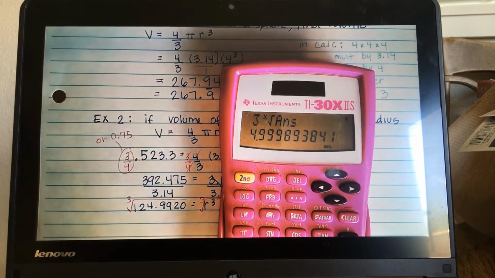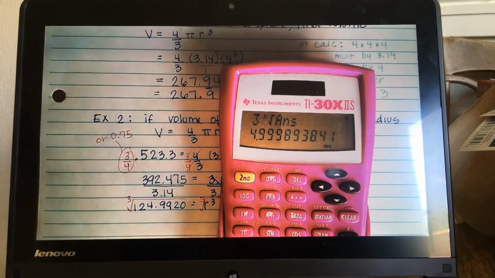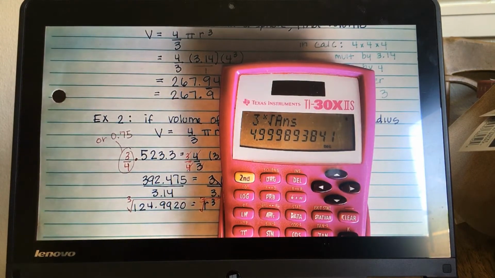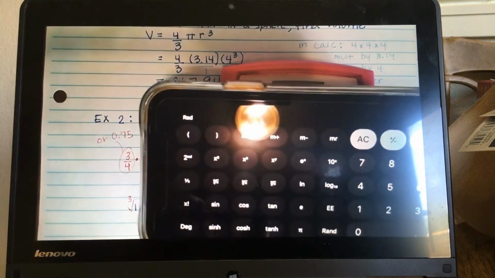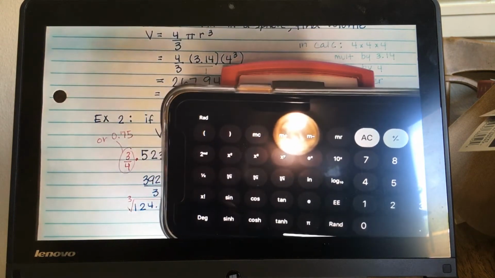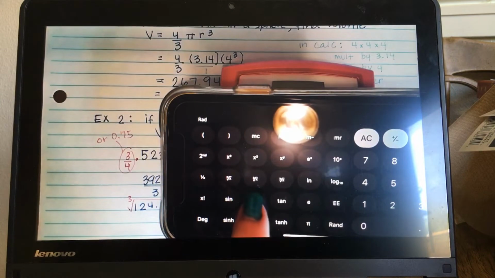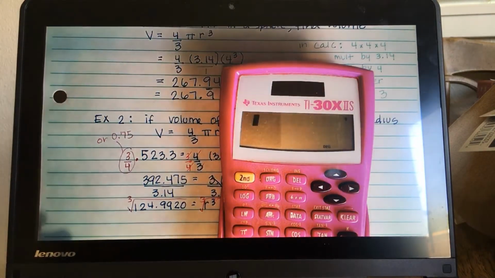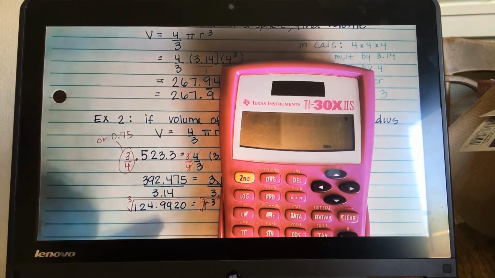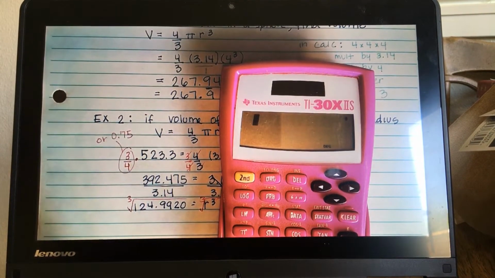You might see that there's a cube root button on your phone. If you have a calculator on your phone, that might be a little bit easier to use. I'm going to just put my phone under here. Cube root button. Let's see, it should be right next to the square root button. So right there. So you could keep that number in there to be able to find the cube roots. Oh no, and it just disappeared. Let's see.